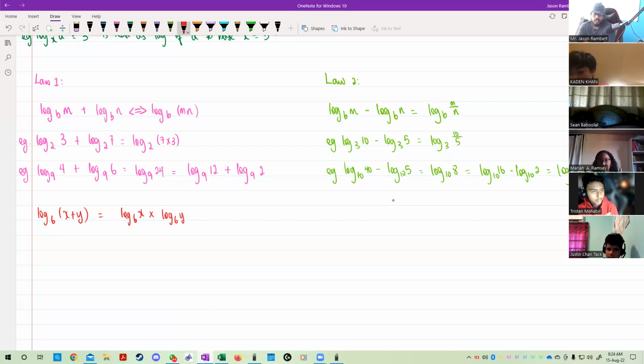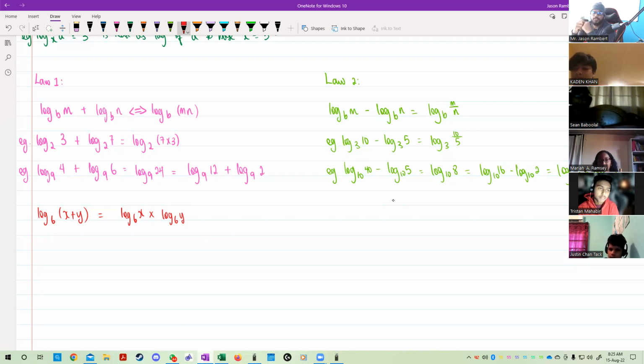But we never learned a law that says if I have a log of a sum, I can break up that sum. I have log of a number plus log of another number. I don't have a law for log of a number plus a number. You're seeing that?